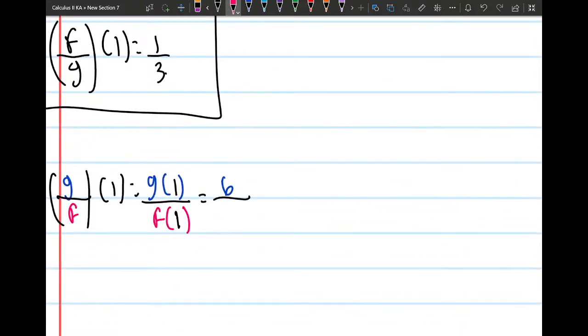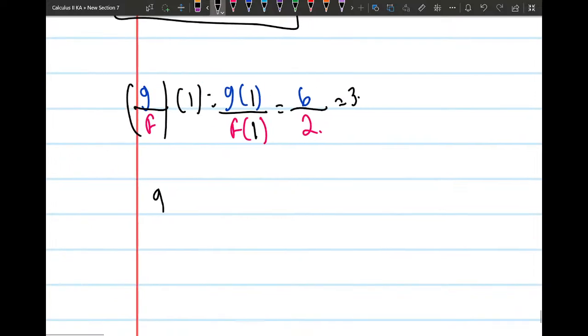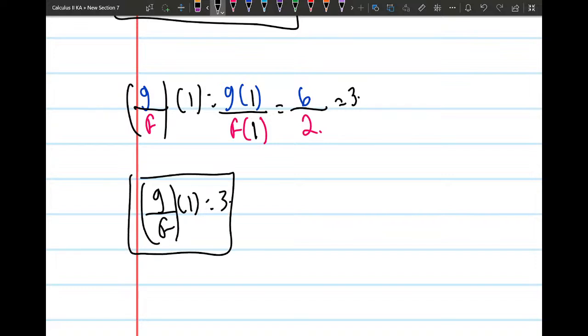So 6 divided by 2, and we get 3. So we know that g over f of 1 is 3.